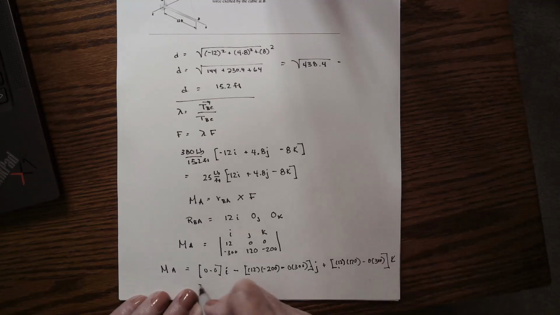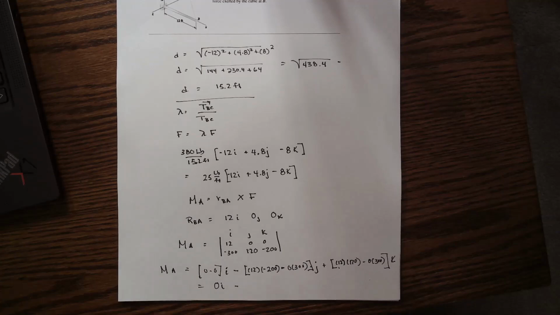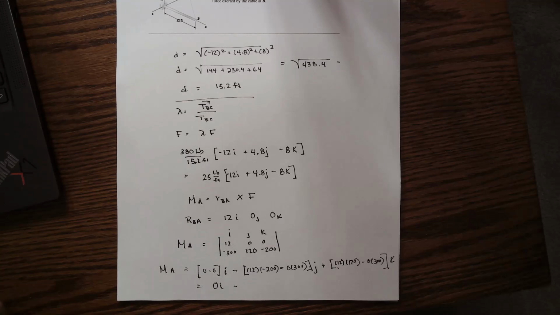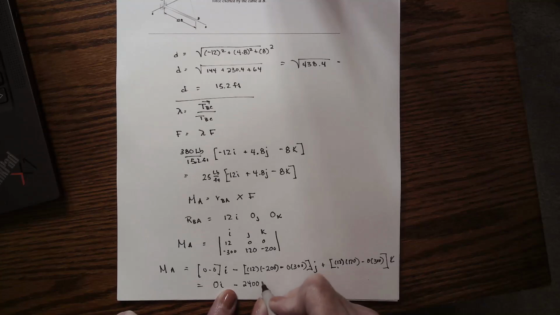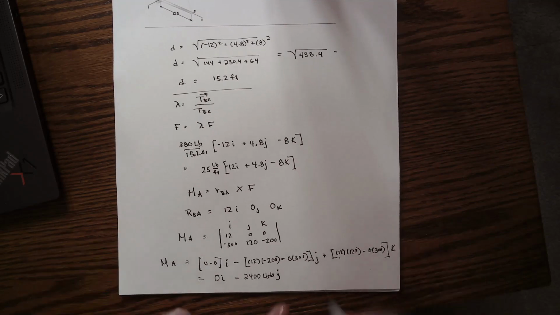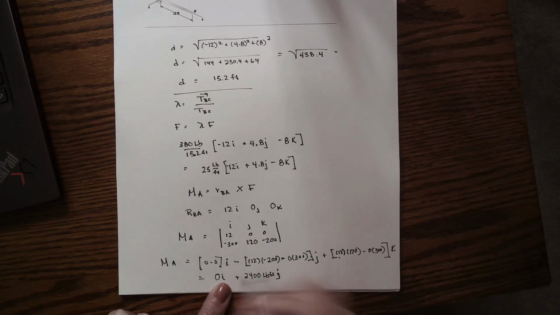So we have 0i minus 2,400 foot-pounds j. And actually, that's plus, because I have minus, and then I have 12 times negative 200.